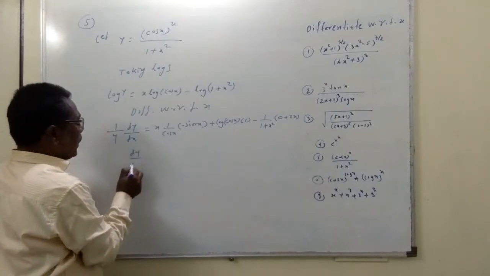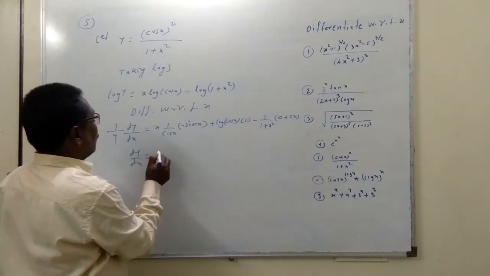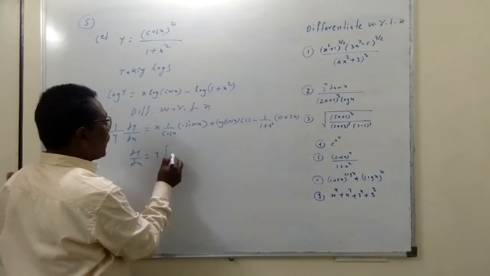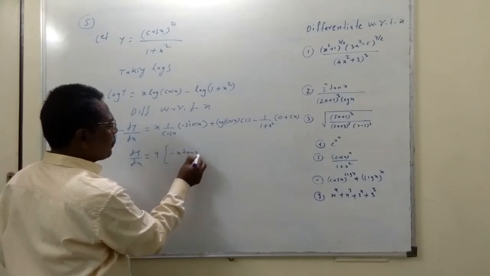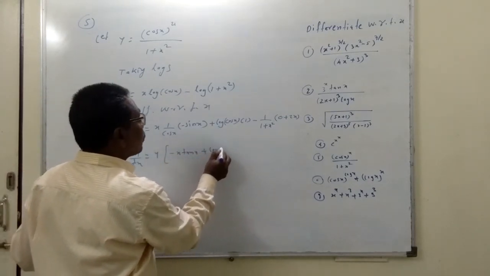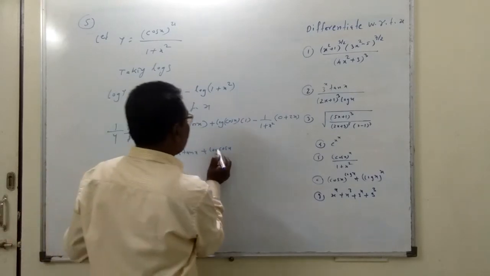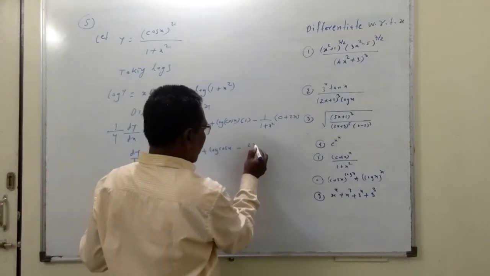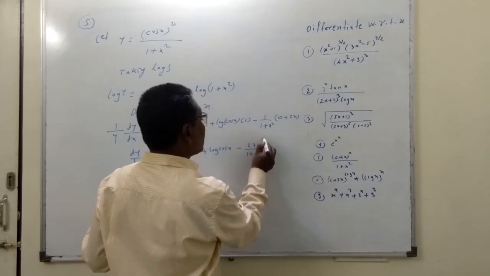So dy by dx equal to y into bracket minus x tan x plus log cos x and minus 2x divided by 1 plus x square.